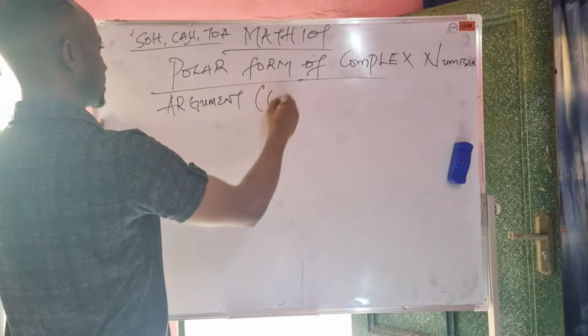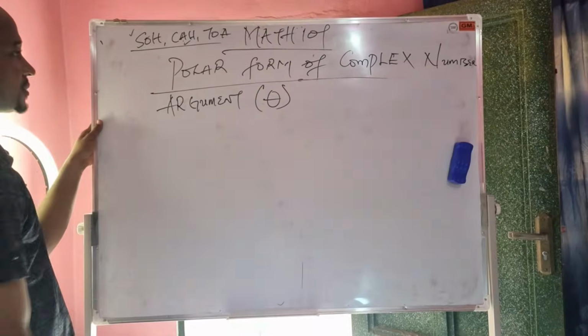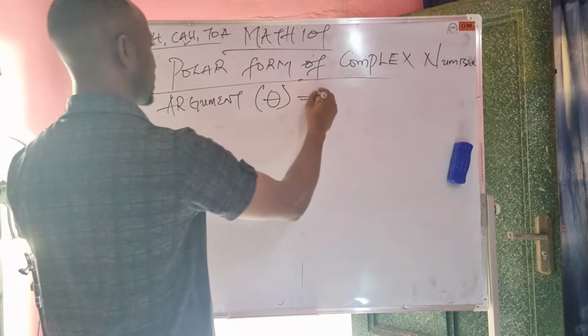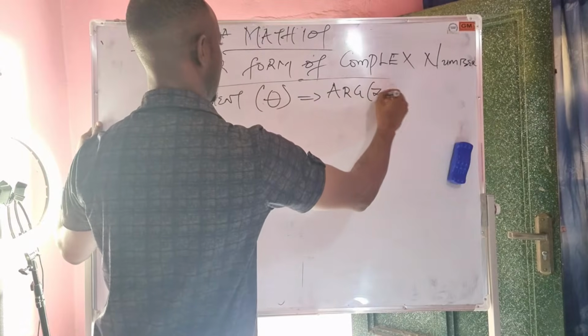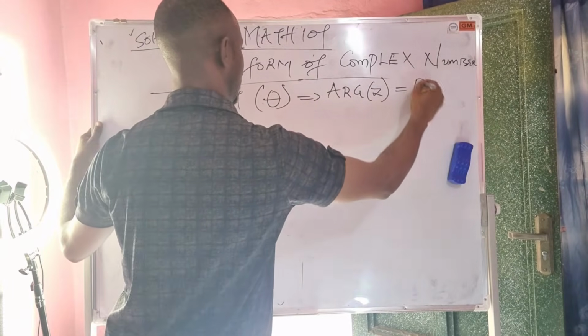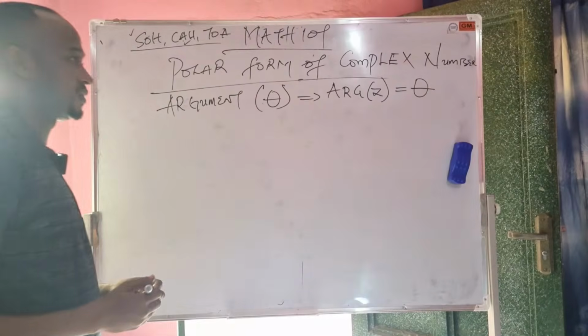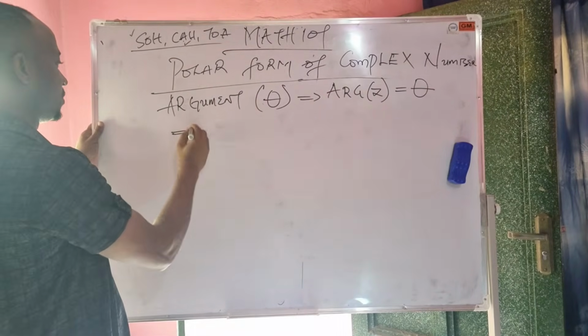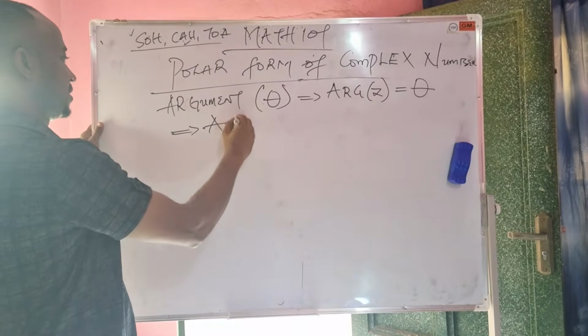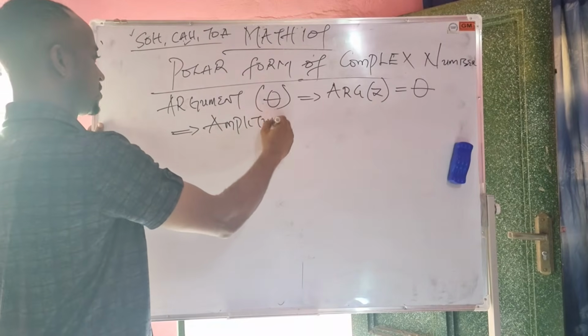Argument simply means theta. We also call this axis, the word axis means theta. Sometimes they use the word amplitude to also represent theta. This is also called amplitude.